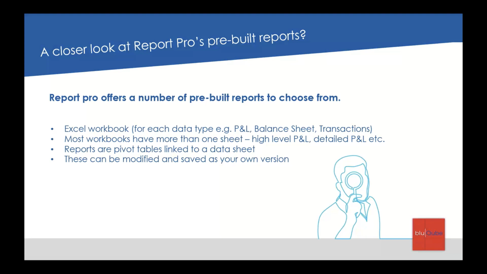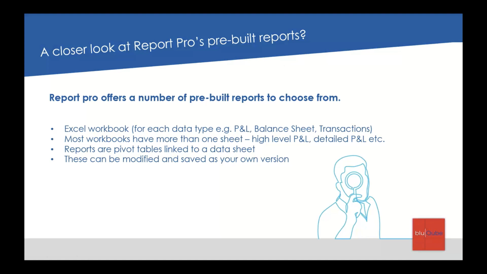There are others, and we'll see the entire list of those when I log in a moment. But the basic premise is that with all of those, there are pivot tables already in the workbooks linked to a data sheet, and they can be modified to suit and saved just like any other Excel spreadsheet.